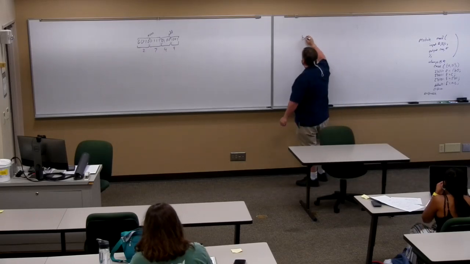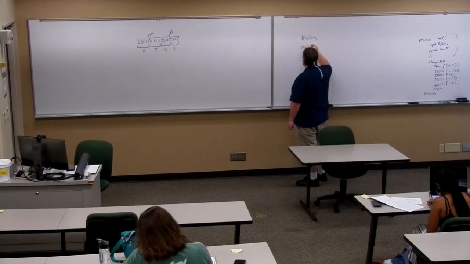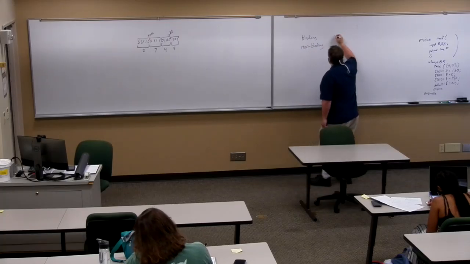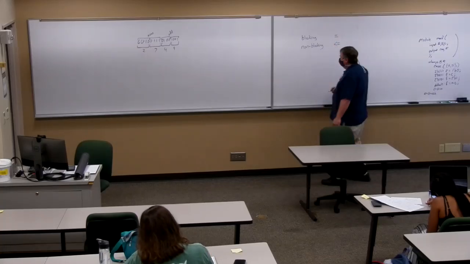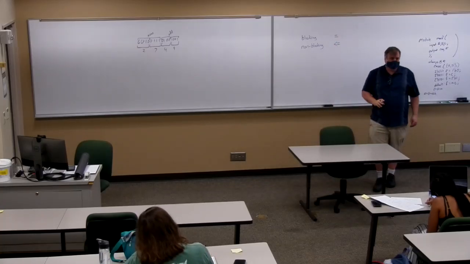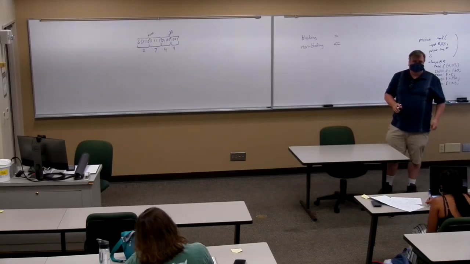There's what's called blocking assignments and non-blocking. Blocking is just an equal. Non-blocking is done like a less than equal, but think of it like an arrow, a really bold arrow. It's just saying to do an assignment.